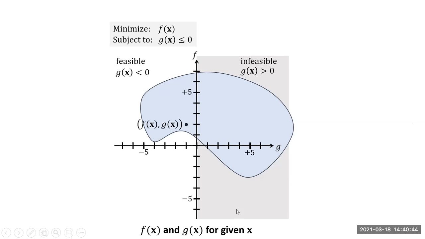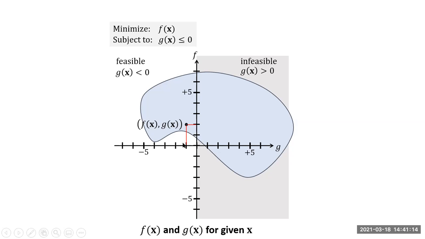And so, given any x, which is in n dimensions, we can obtain f of x and g of x, this one. For some other value of x, this is f of x, g of x, and we can read off f of x by looking at the y-axis. So this is f of x, and likewise, this is g of x.